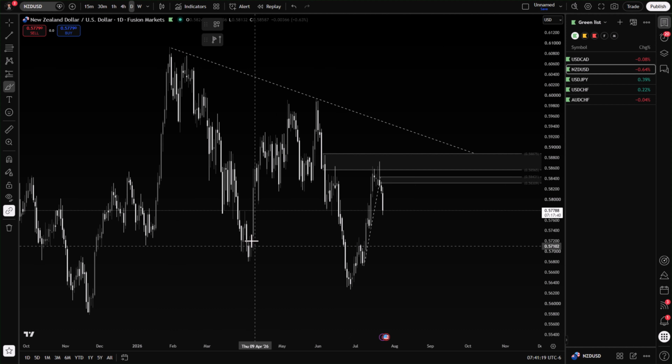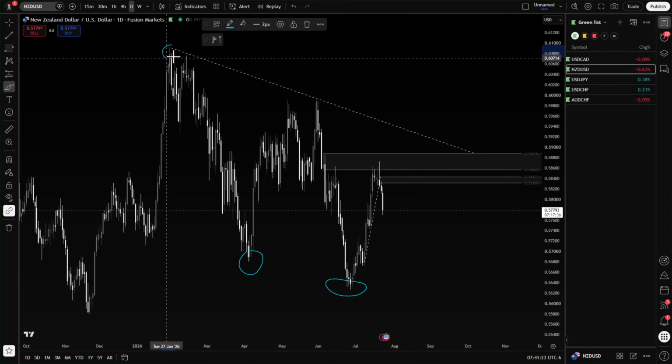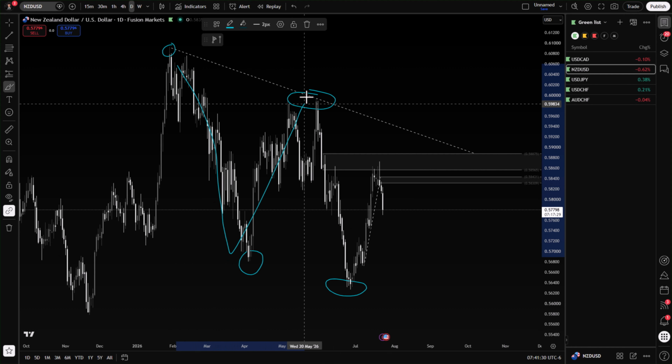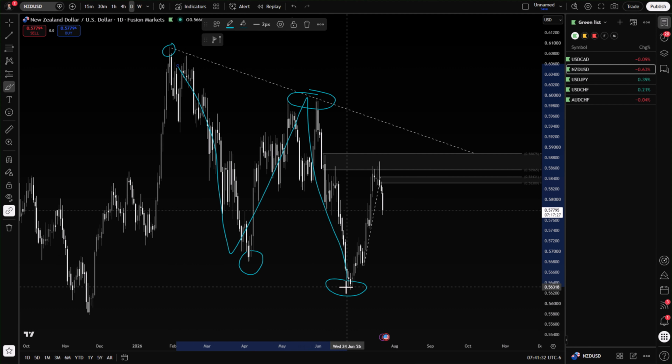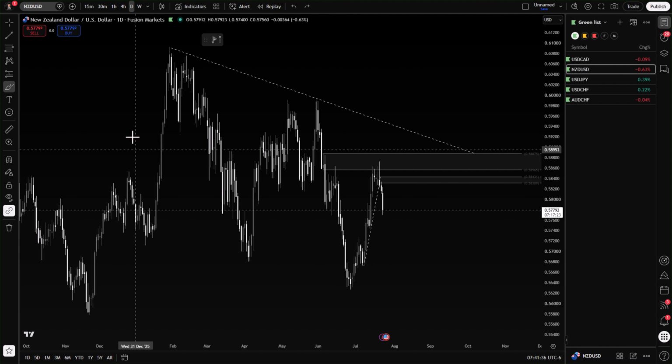What is it? You have a lower low, you have another lower low, and you have this higher high here, and then a higher low here. So if I connect this, this is basically a structure on the daily time frame.